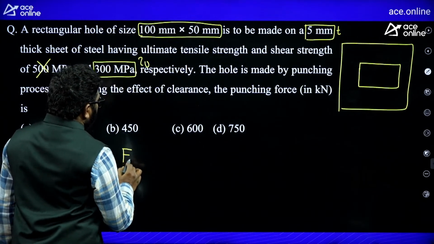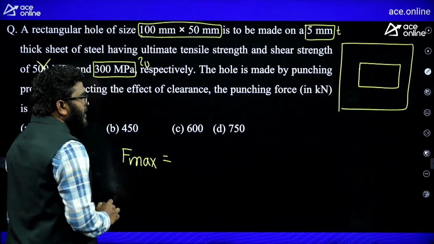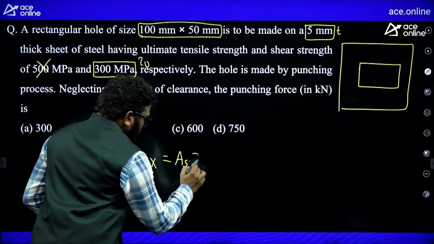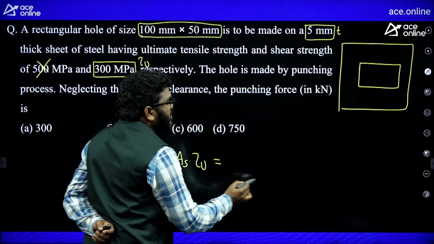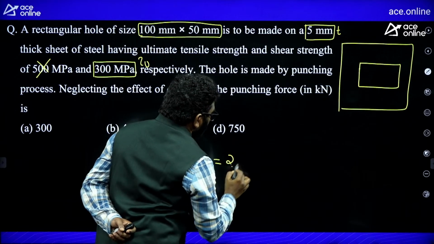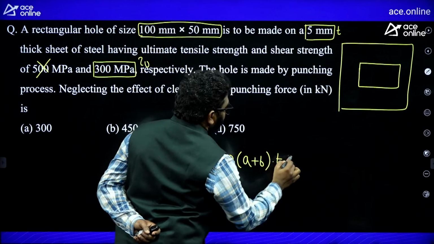So remember, from the IES exam point of view also, this type of questions they will ask you. Punching force is sheared area into ultimate shear strength. Sheared area is perimeter, 2 into (A plus B), into thickness, into tau u.